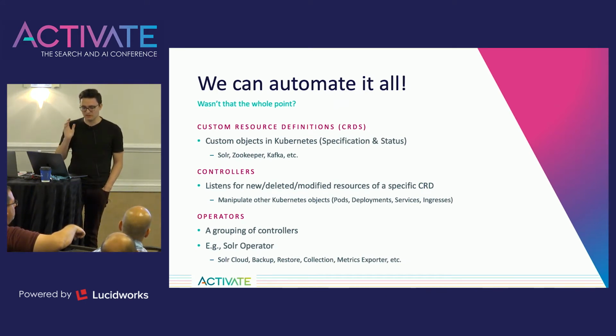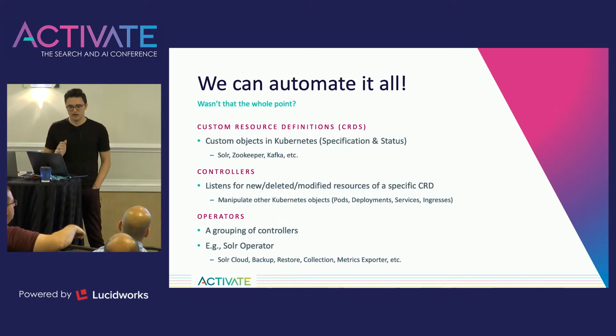Basically, Kubernetes gives us a lot of power to do this, and this is through things called custom resource definitions. So everything I've mentioned in this slide deck previously, dealing with Kubernetes, such as ingresses, services, deployments, replica sets, all these things are Kubernetes resources.